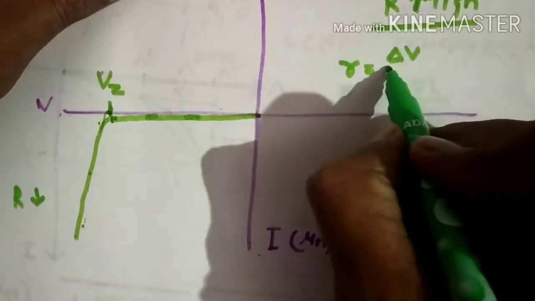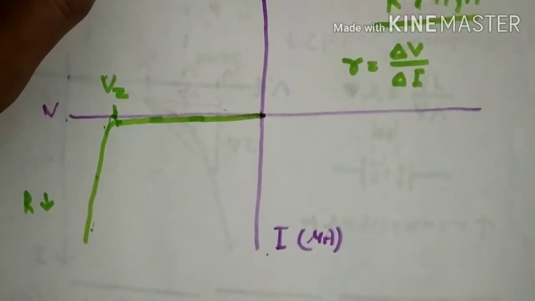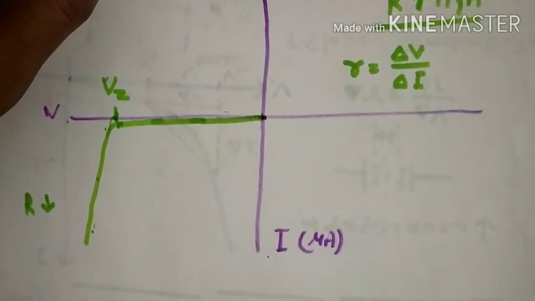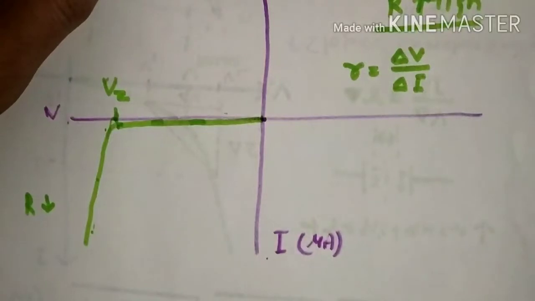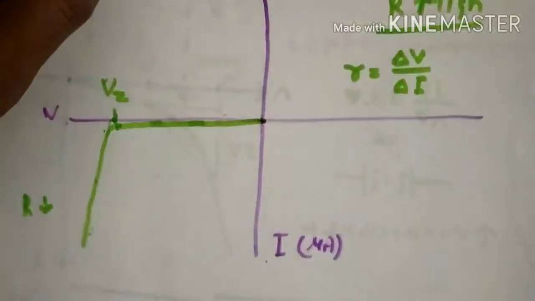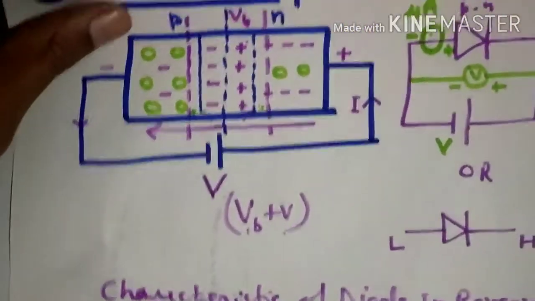I will represent it with small r, and that is delta V by delta I. So this is what we call a dynamic resistance, which is very high, and most of the resistance is there in the depletion layer only.